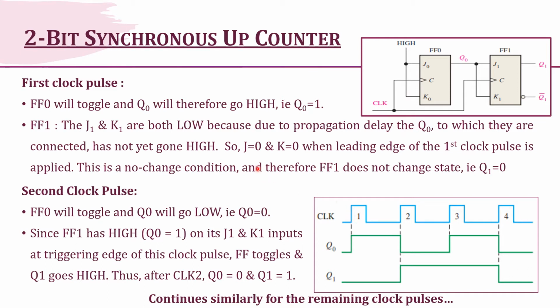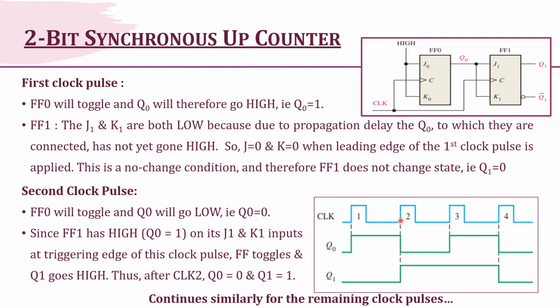That leads to J1 = K1 = 0, which is a no change condition, and therefore flip-flop 1 doesn't change its state, that is, Q1 remains in the logic 0 state.